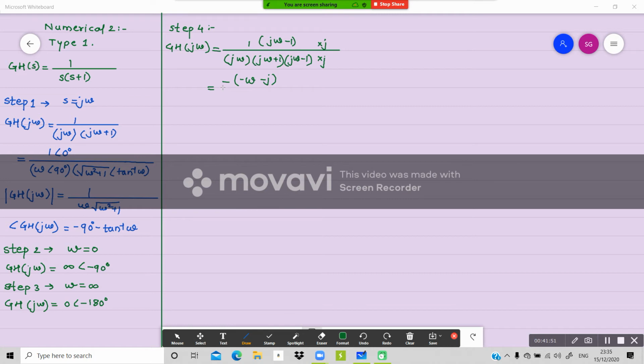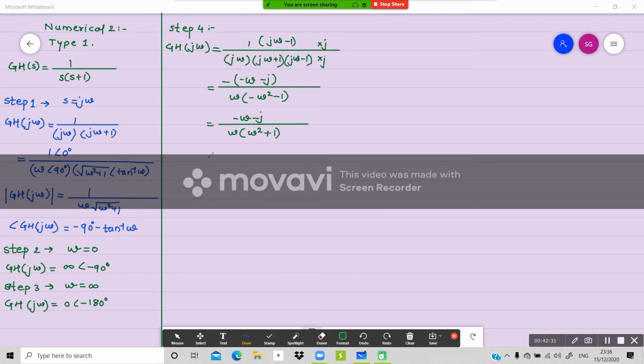upon this j and this j square we have taken it up, so only omega remains, and in the denominator we had omega square minus omega square minus 1. So one more minus sign over here, so minus will get cancelled out, and you are going to have minus omega minus j upon omega square plus 1.